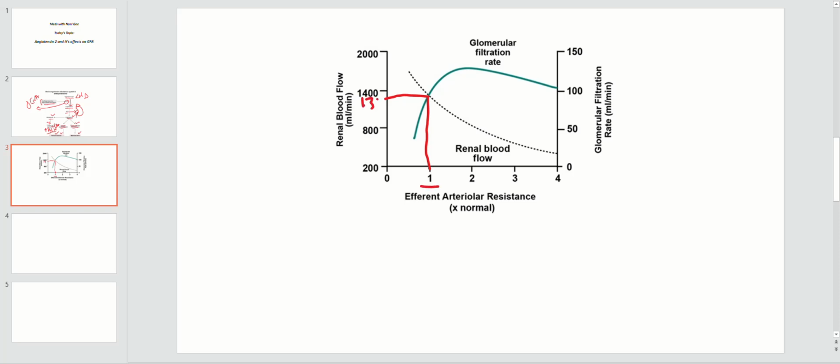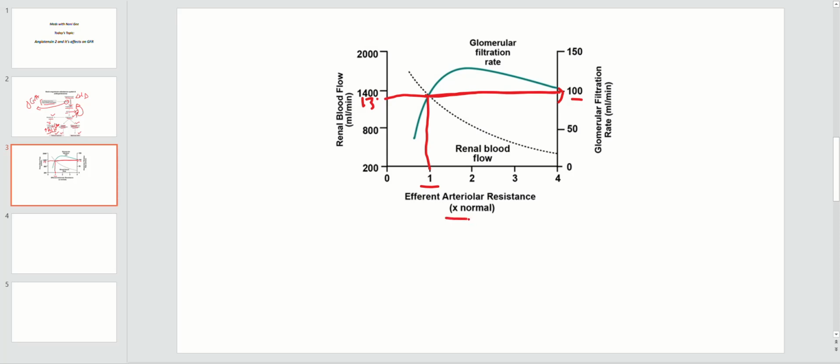So at 1 efferent arteriolar resistance, your renal blood flow drops from the 1400 to 1300. This one level of efferent arteriolar resistance is pretty much normal, right? At this point you can calculate your GFR by drawing a line towards the right side y-axis. This denotes that your GFR is 100, which is normal.